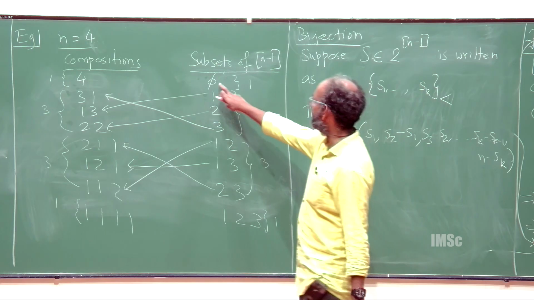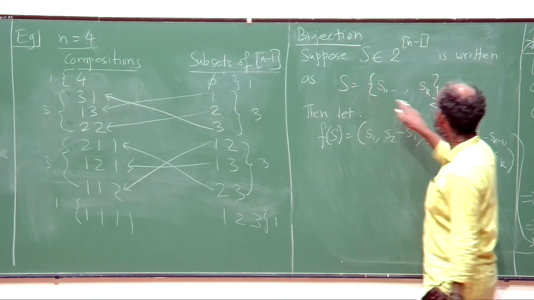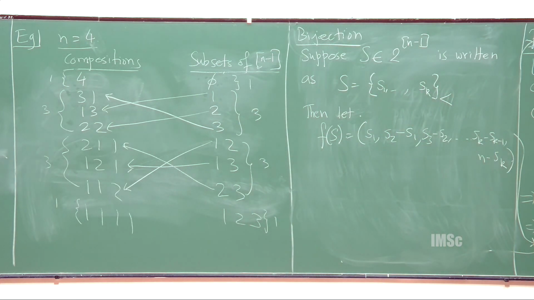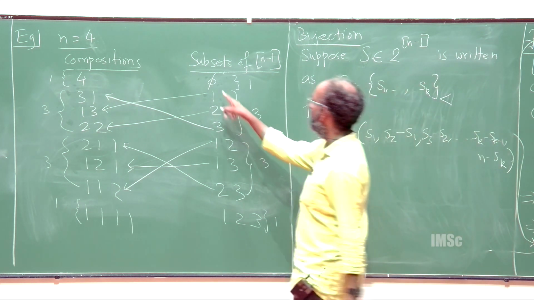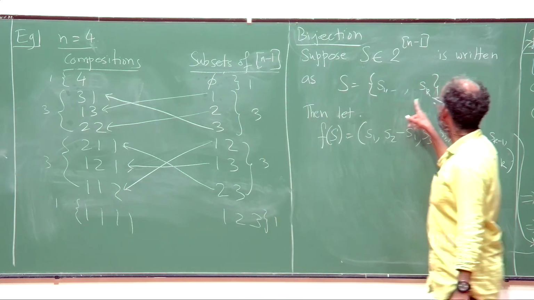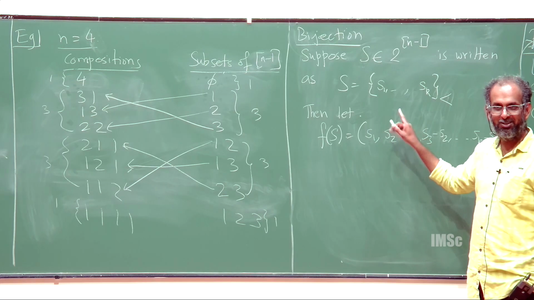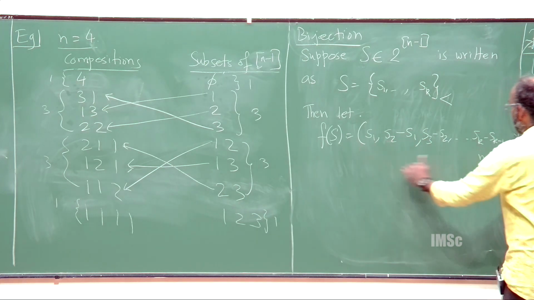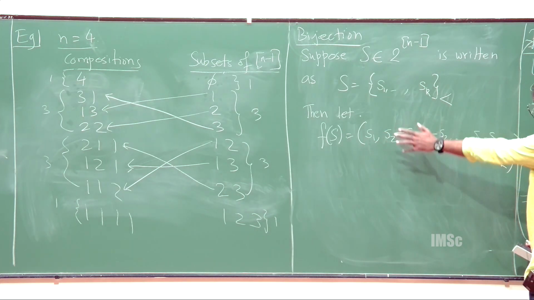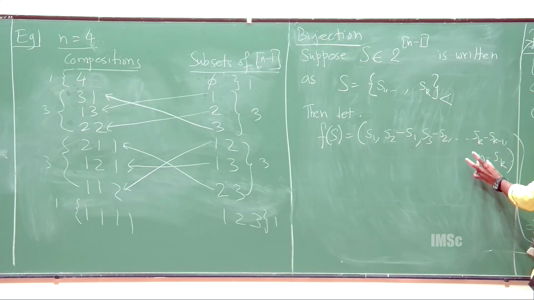Okay, now let us do this base case. What if the subset is empty? Then we just have n minus 0, which is 4, exactly. So you have to interpret this correctly. All of this is vacuous. There is nothing here, and there is only an n.